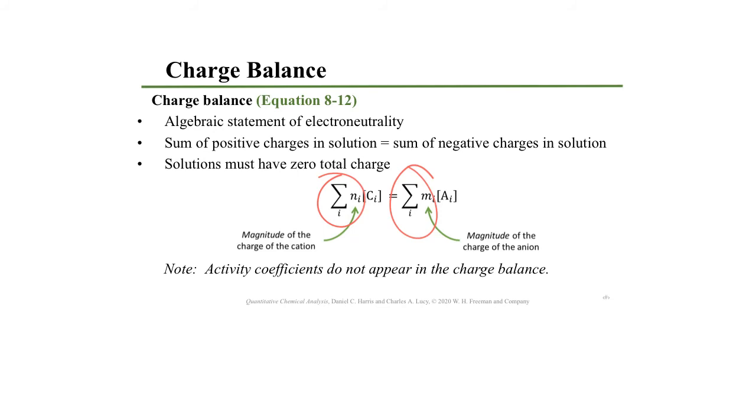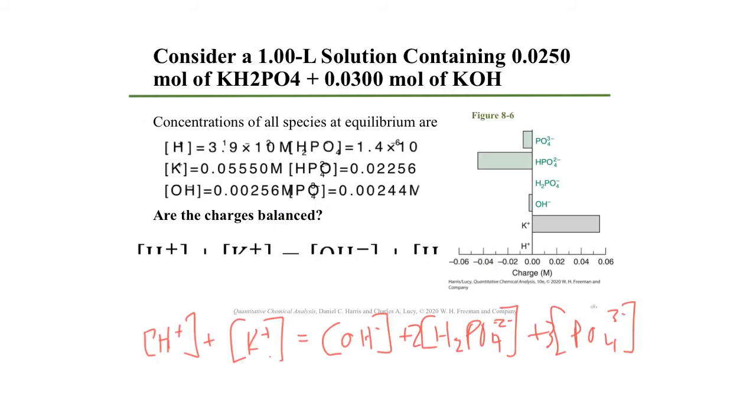So this equation is essentially saying take everything that has charge to it and set the positive equal to the negative, and you have to consider molarity. So if you were to consider this solution, it's got 0.0250 moles of KH2PO4 and 0.0300 moles of KOH.